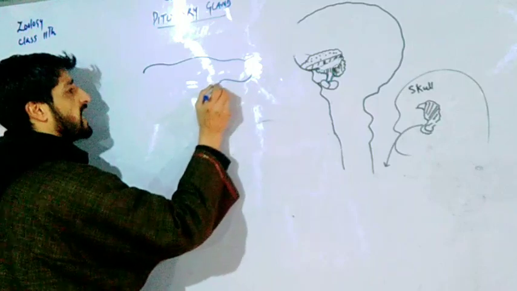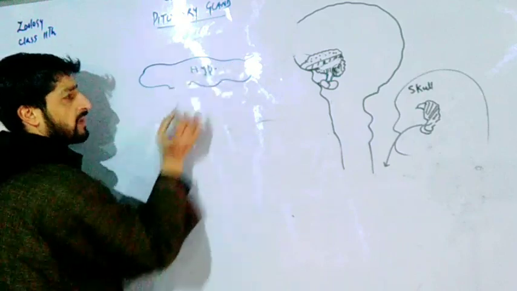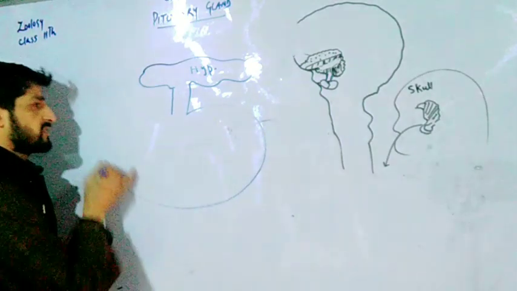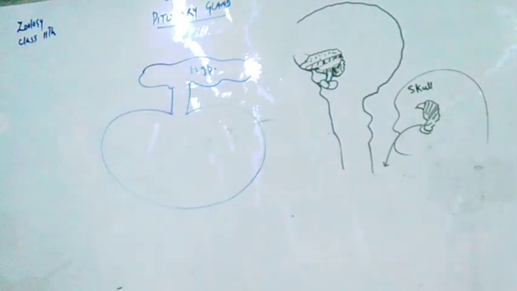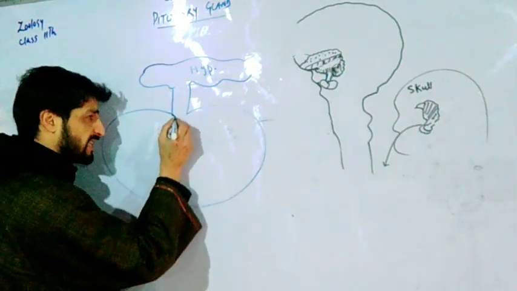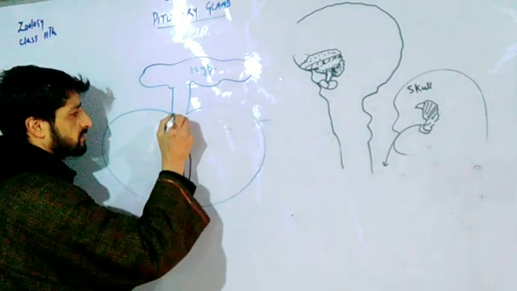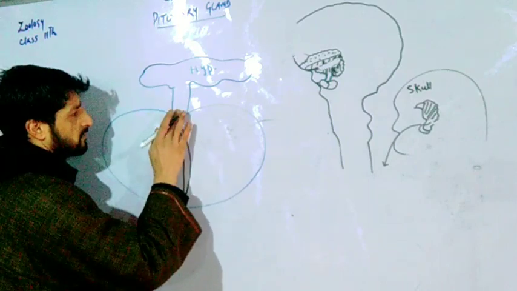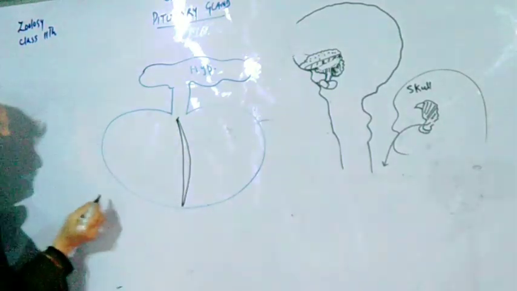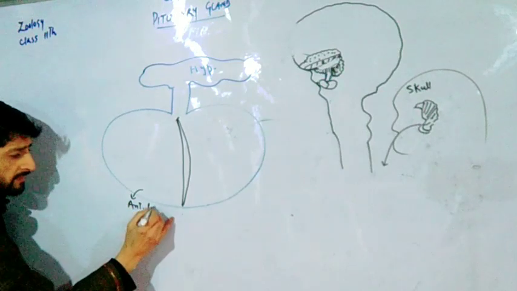Let us suppose this be the hypothalamus now. This is the stalk, pituitary stalk, and this is pituitary gland. This pituitary gland is actually divided into two portions. The first portion is known as anterior lobe of pituitary gland.